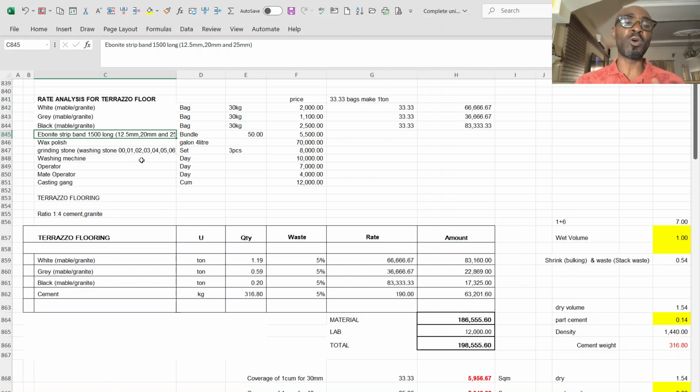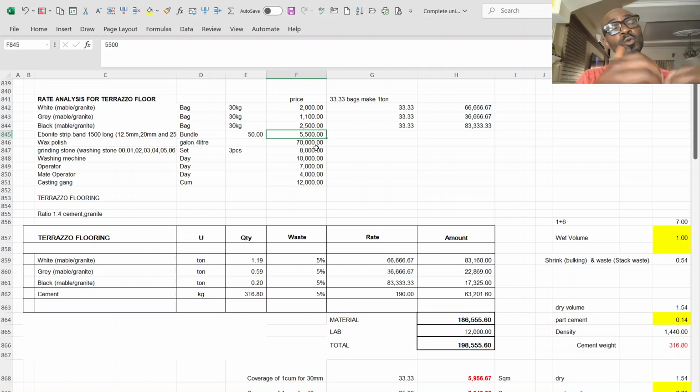And it comes in a bundle of 50, and the cost is 5,500 per bundle. And like I said, this ebonite strip can be used to make a design on the floor. So it could be in square shape, ranging from 1.2 by 1.2 both ways, or 60 by 60 both ways, depending on whatever pattern that the client has required of you.